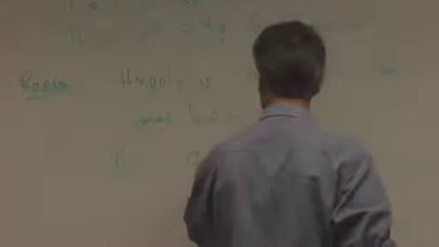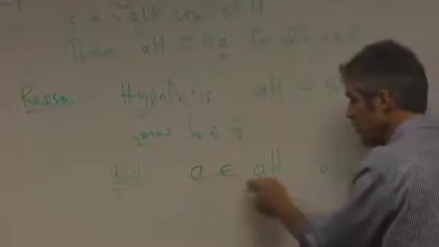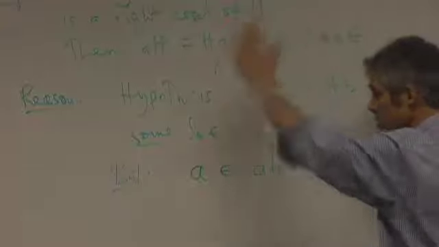It's always the case that the specific element A is in AH always. If you take a specific element in the group and you look at the coset that it generates, I don't care what subgroup you start with, any subgroup always contains the identity element. So you're always at least looking at AE. In other words, you're always generating the specific element A within its coset. So this is completely independent of this set of hypotheses. This is always true for any subgroup and any element of the group.